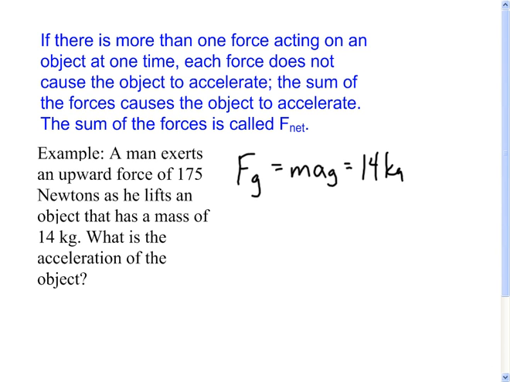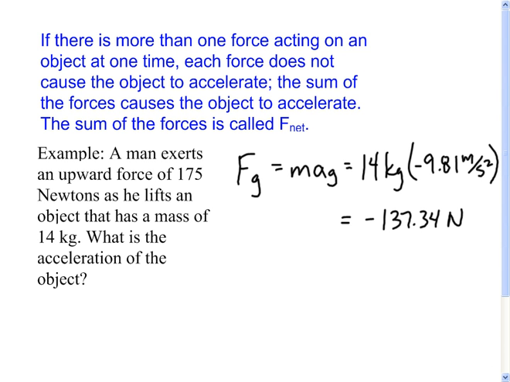So 14 kilograms, do we know where it was weighed? Nope, so we approximate, times negative 9.81 meters per second per second. When you calculate that, you get negative 137.34 newtons.